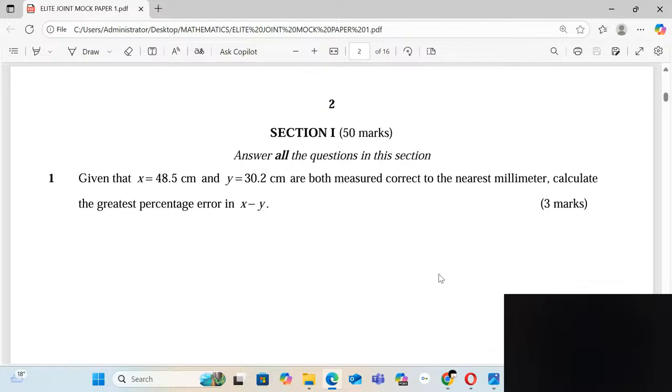Question 1 says, given that x is 48.5 centimeters and y is 30.2 centimeters, both measured correct to the nearest millimeter, calculate the greatest percentage error in x minus y. So you are going to subtract x minus y.